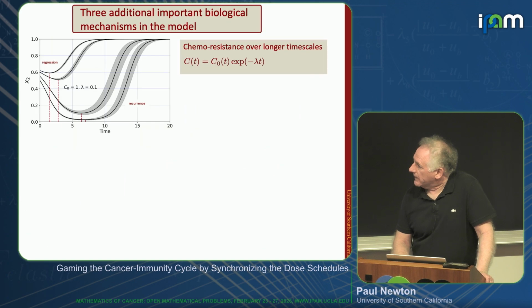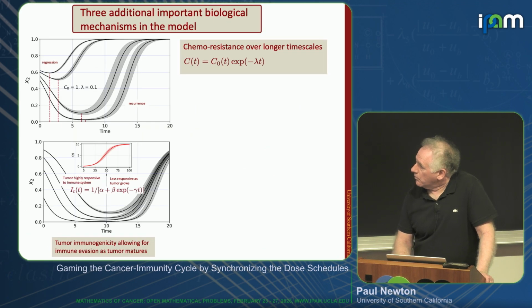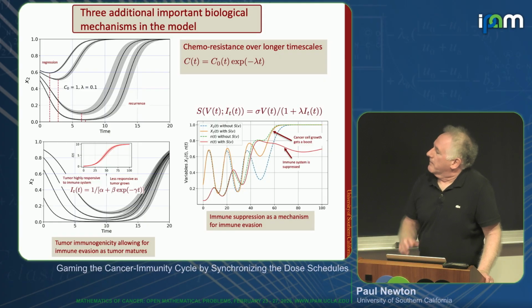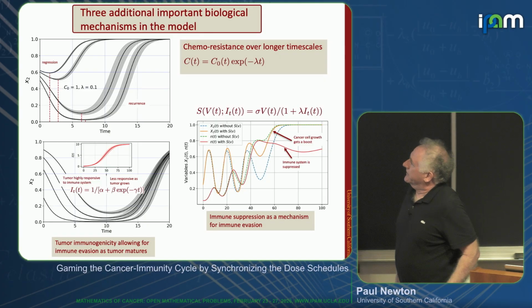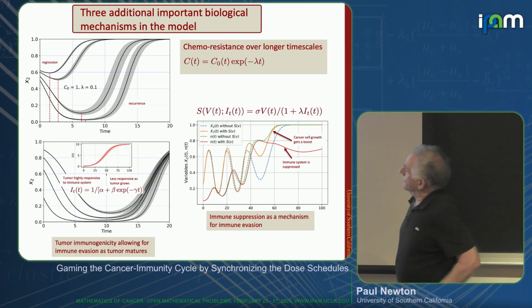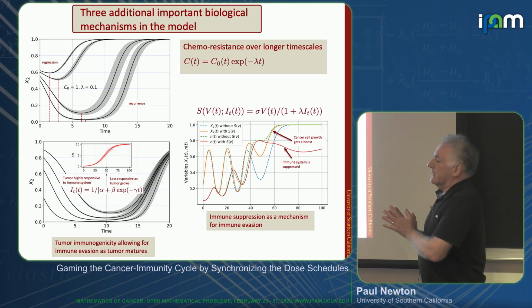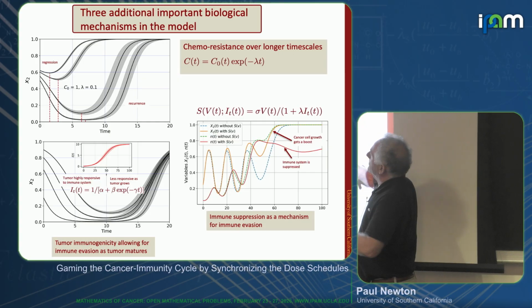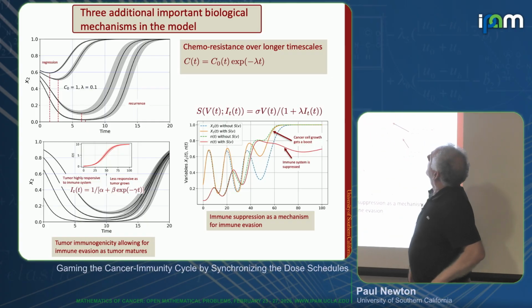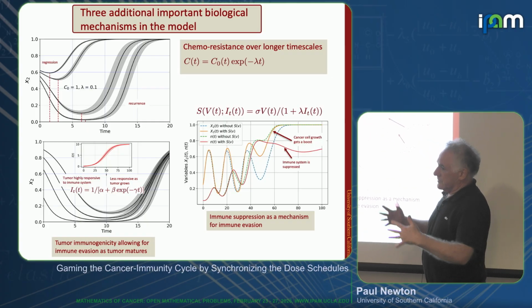So I'm wrapping it up here. A couple more mechanisms that the model builds in, three additional important biological mechanisms. If you do long times, then you really should probably take into account chemo resistance over longer times.